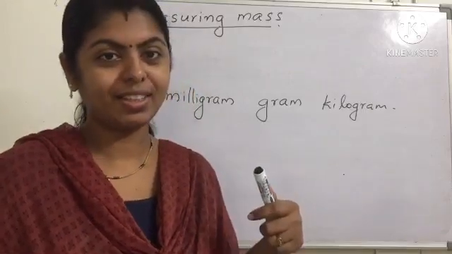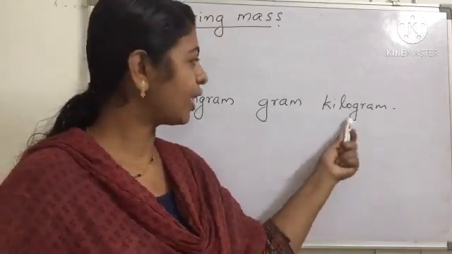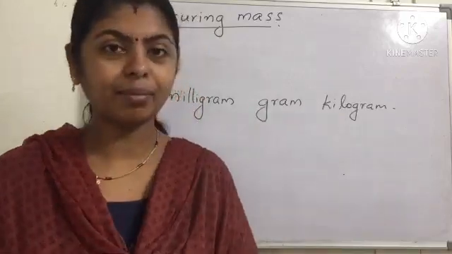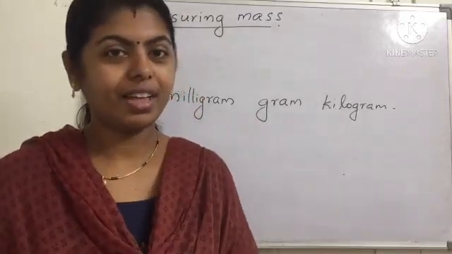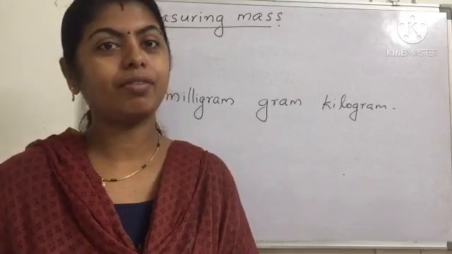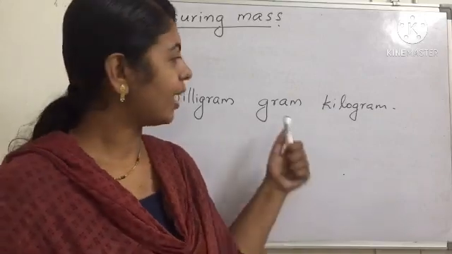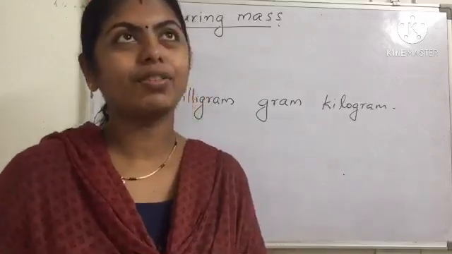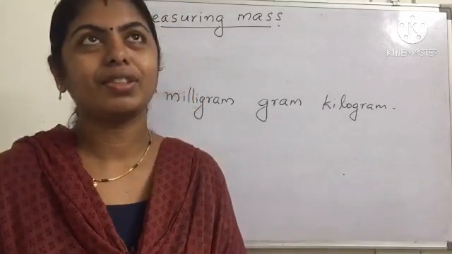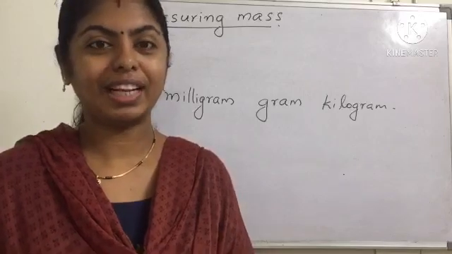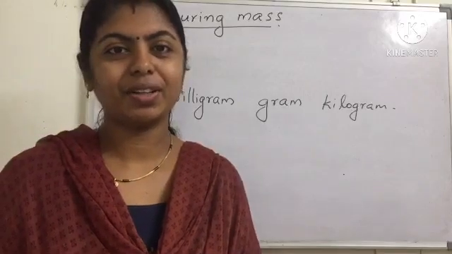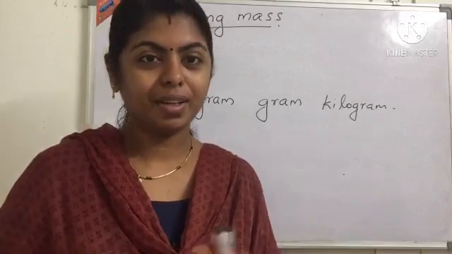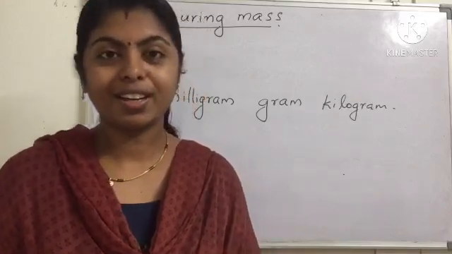Okay, half kg. Or when we want to purchase some vegetables, then we will use the 500 grams of which vegetable we want to, lady's finger, okay, or brinjal, like that, or 1 kilogram brinjal or onion, like that we will purchase.